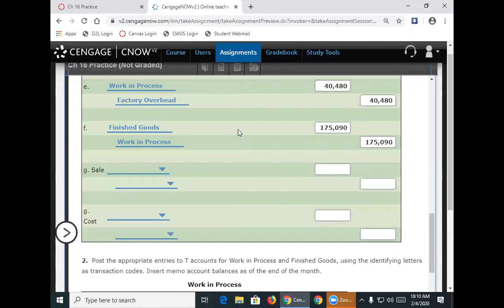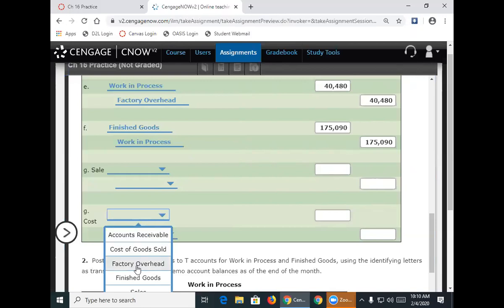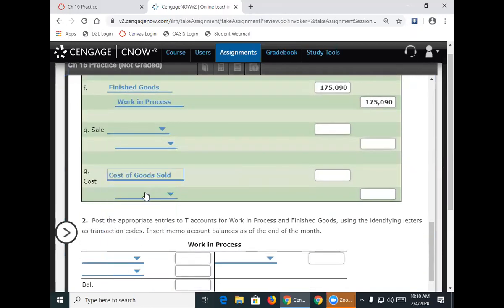So we move them from finished goods to cost of goods sold. So that's really our very last journal entry. We debit cost of goods sold and credit finished goods for the ones that were sold, 142,610.